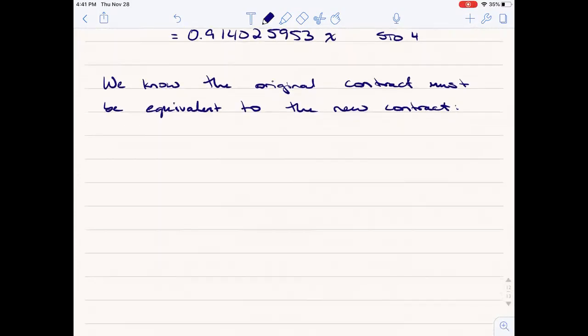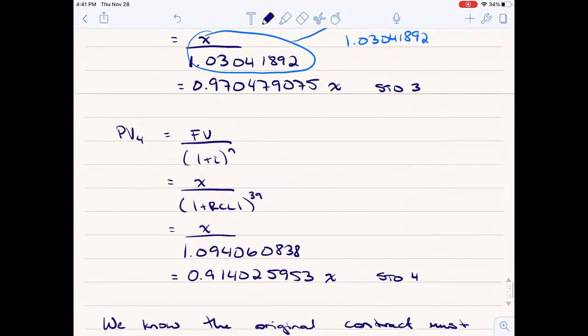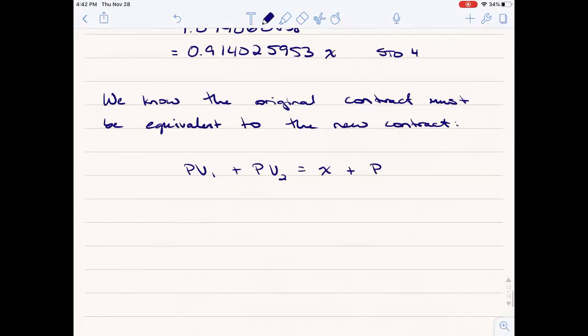So that means that present value 1 plus present value 2 has to equal x. Don't forget about that x, right? We're still making an unknown payment amount today, so we have to take that into account. Plus, and then I'm going to do recall 3, or I'll plus PV3 plus PV4.